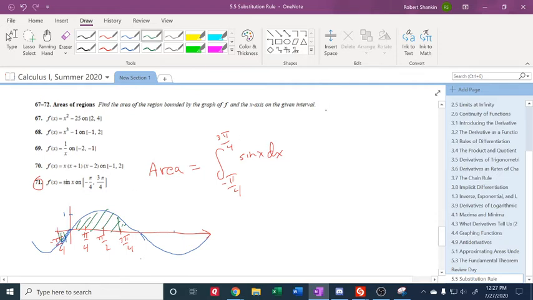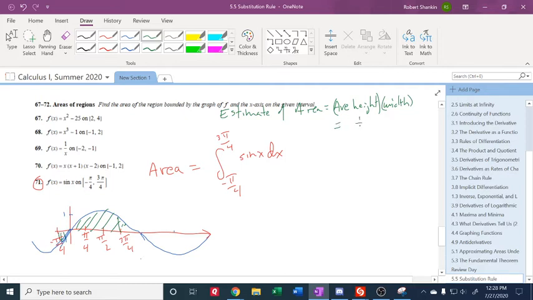So I'm going to estimate the area is 1/3 times pi, average height, times the width of the rectangle.